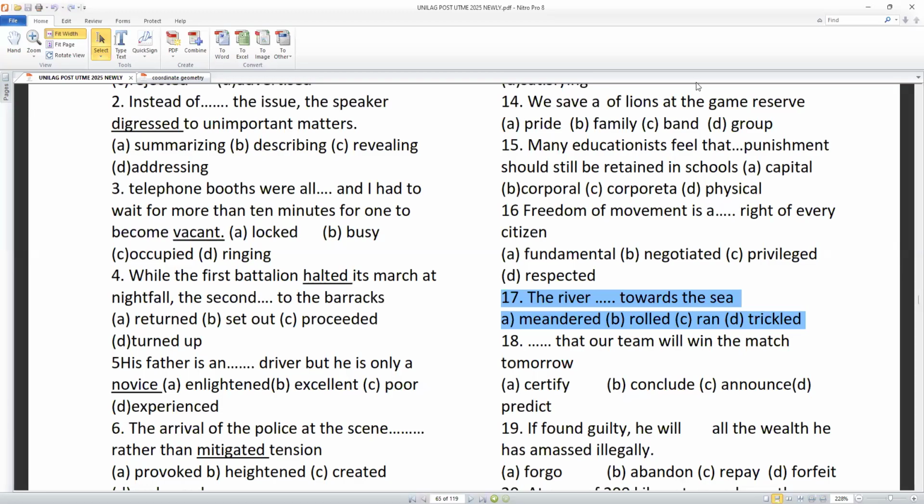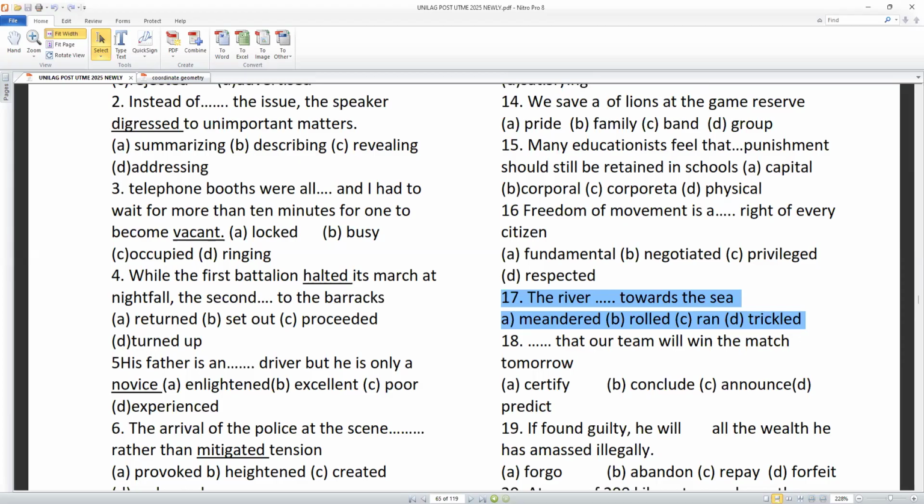A. Me. C. We have road. We have ram. Then D. We have food.